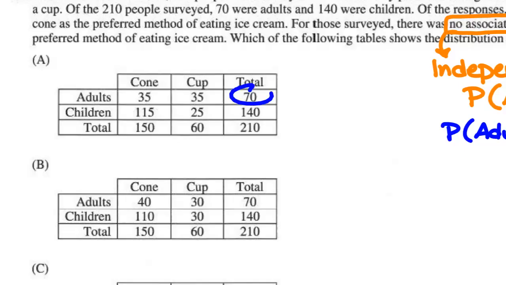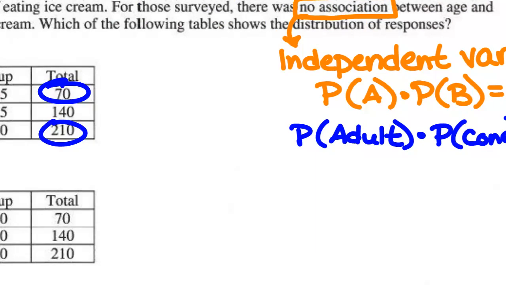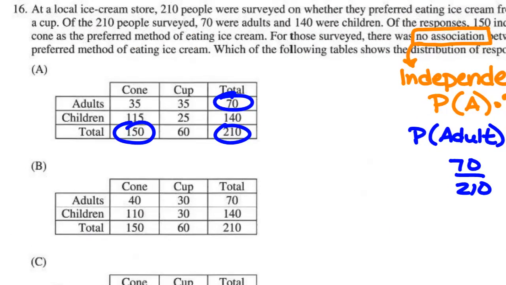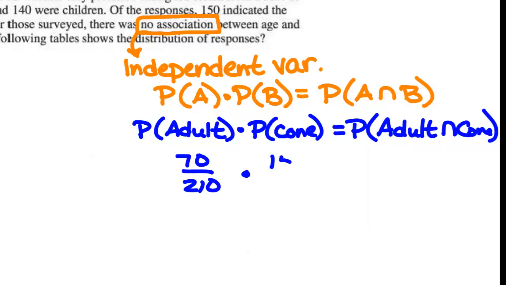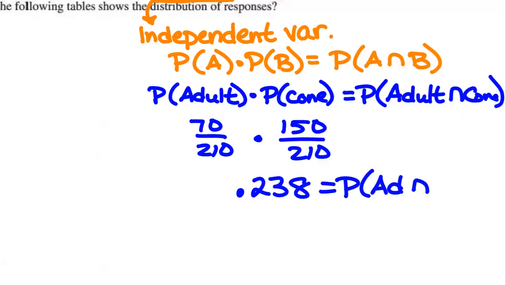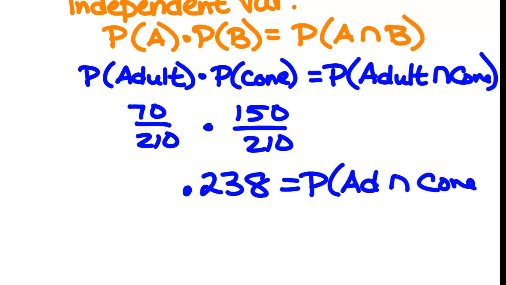Well, the probability of adult, that'd be 70 out of 210. Times the probability that they prefer a cone, that would be 150 out of 210. When you multiply those together, you get 0.238 for the probability of adult and cone.